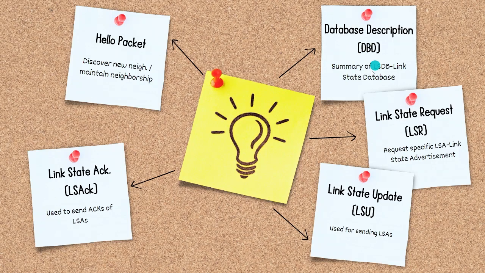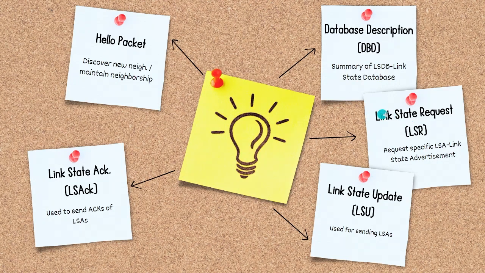Now the next is the link state request, in this packet format we request a specific LSA, and LSA is nothing but link state advertisement. So basically, let's say some device has already given some packet, but let's say there is some counter for that entry that expired.